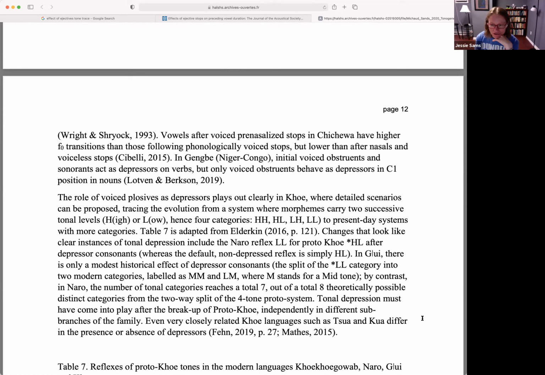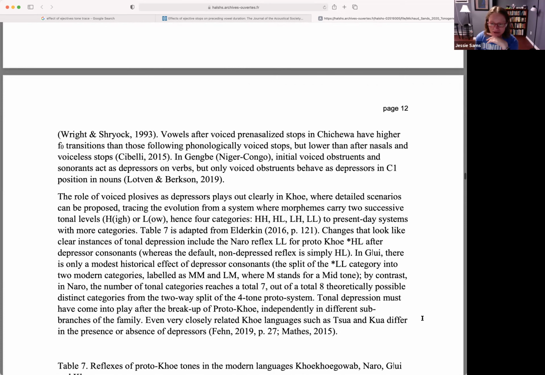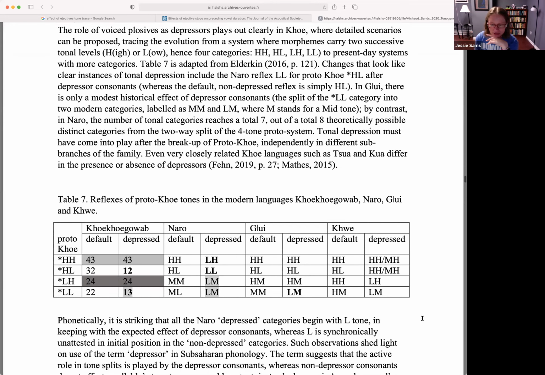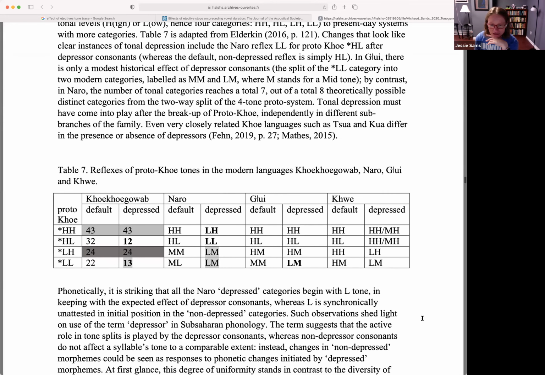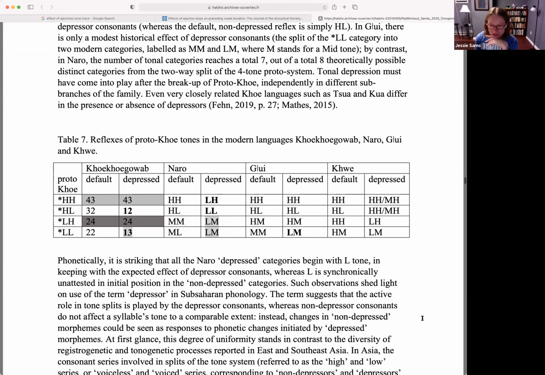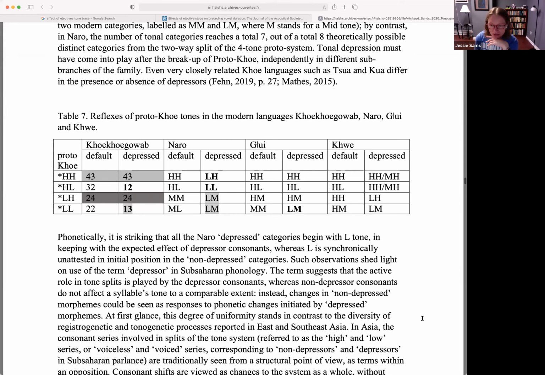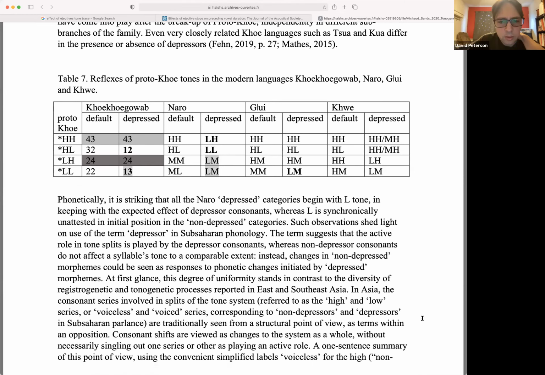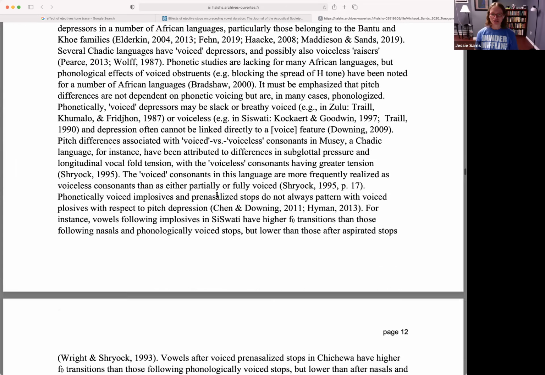And so you'll have to let me know if you want me to scroll to other locations in it, but phonetically it's striking that all the depressed in a low tone. So, let me go back up to the paragraph just a second.